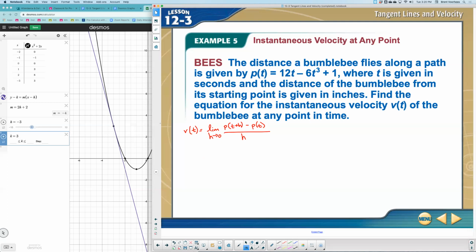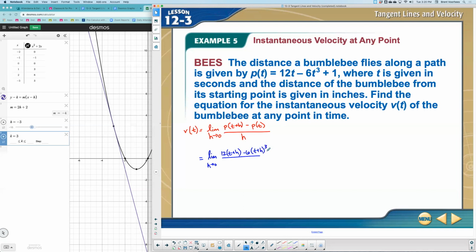So plugging in my values here to solve for this limit, we're going to plug in t plus h in here. And so we'll have 12 times t plus h minus 6 times t plus h, quantity cubed.